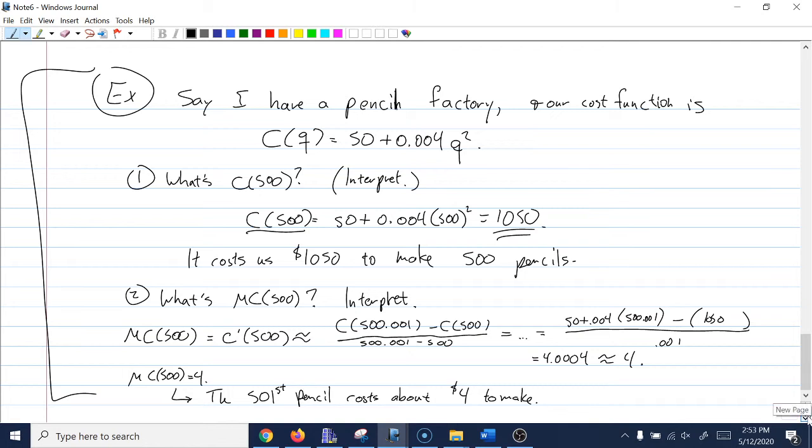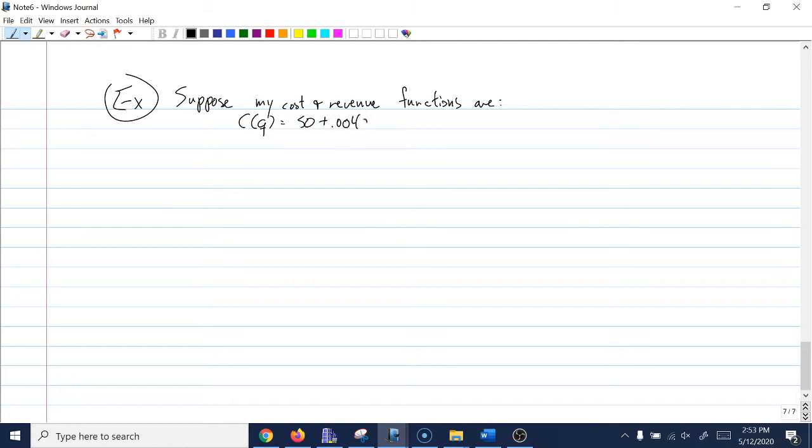Let's get to a profit example. So, example. Suppose my cost and revenue functions are C of Q equals 50 plus 0.004 Q squared, same cost function, and R of Q is 10Q.